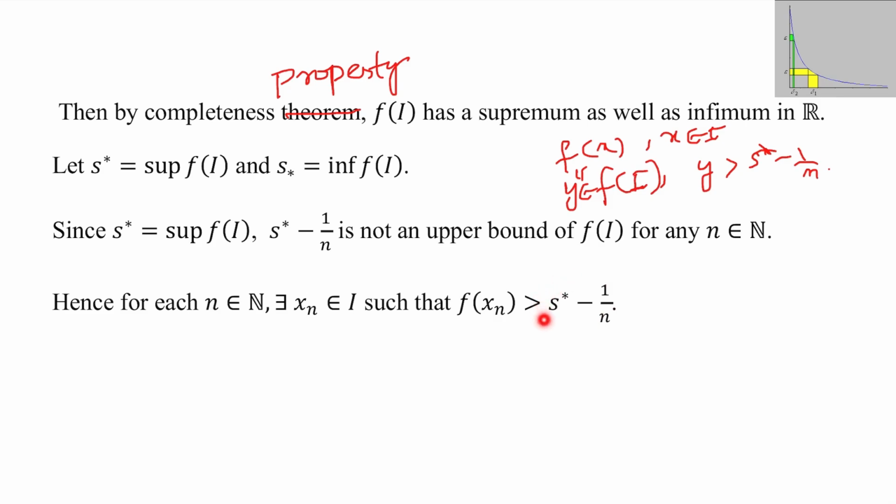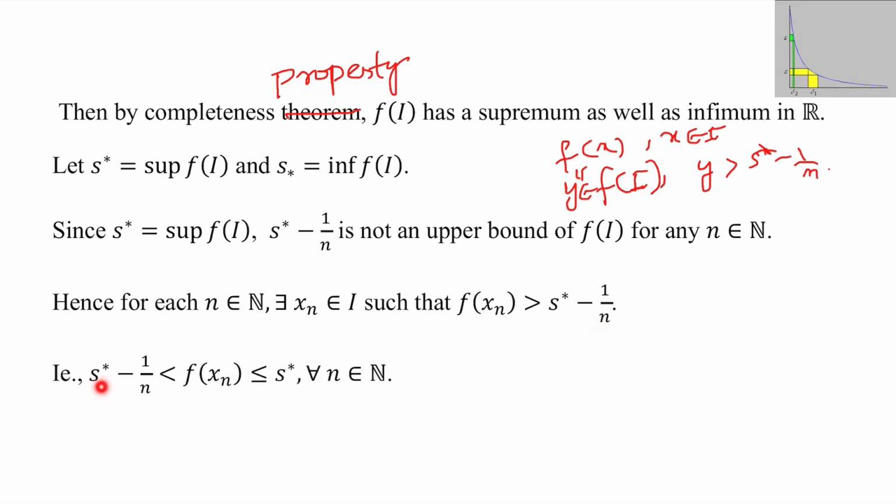Because we will consider infinitely many elements here, s upper star minus 1, s upper star minus 1 by 2, s upper star minus 1 by 3 and so on, with respect to n this x may change. So we will denote it by xn. So corresponding to each natural number, there exists an xn in I such that f of xn is greater than s upper star minus 1 by n.